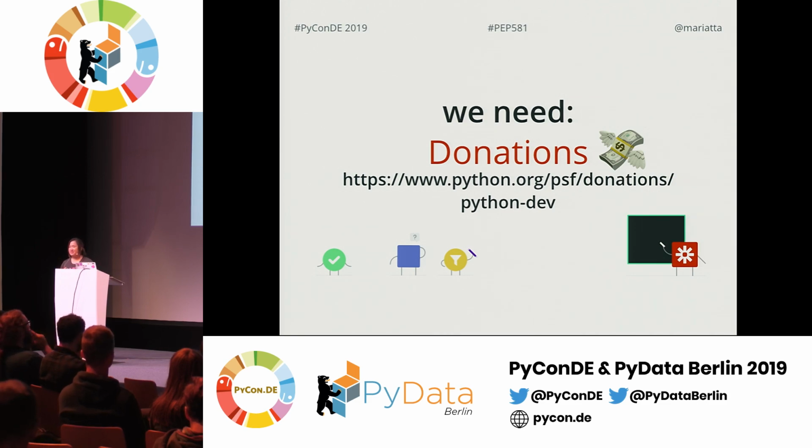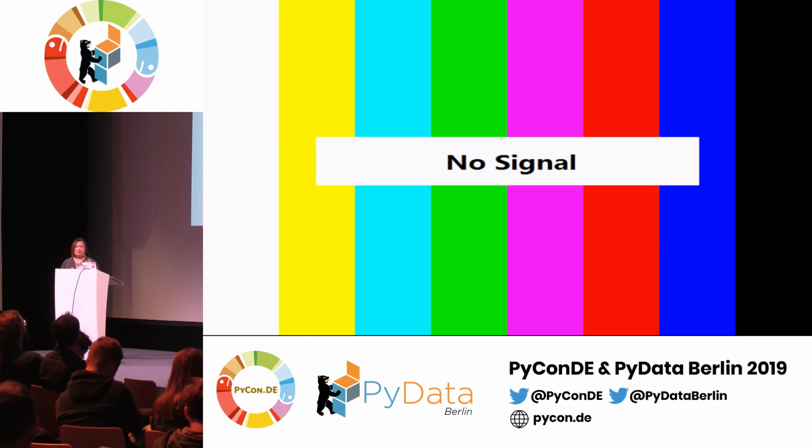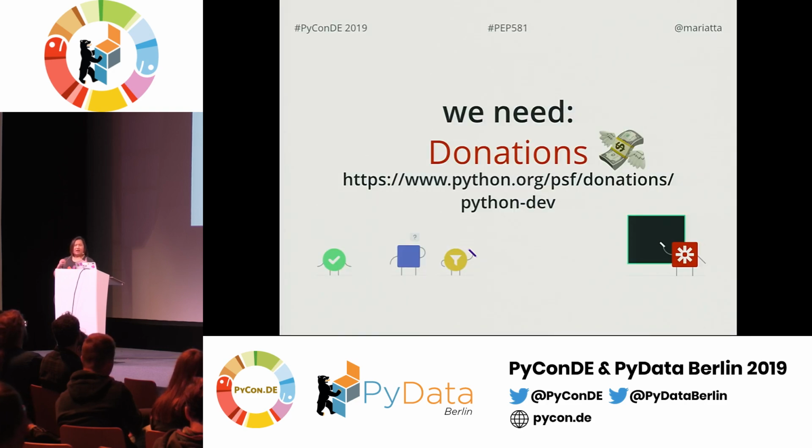We have a professional project manager for that. So maybe we need the same thing. We might even need a few core developers, maybe full-time. I'm going to leave that to the PSF to handle how this can be professionally managed. But what you can do is donate. If you follow this link, your donations will be used directly to support Python development.